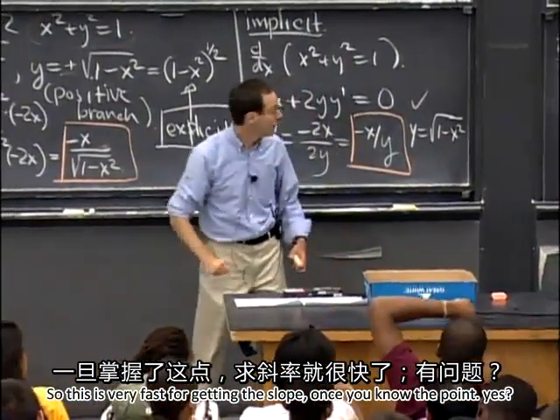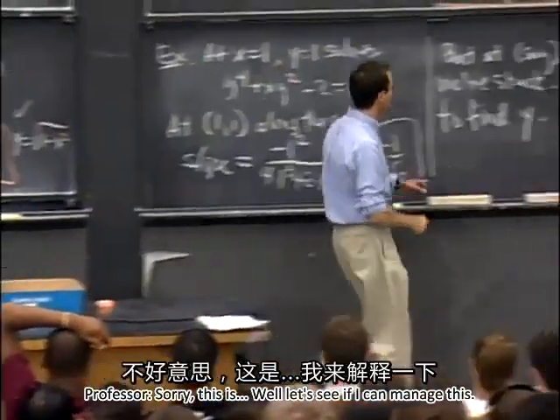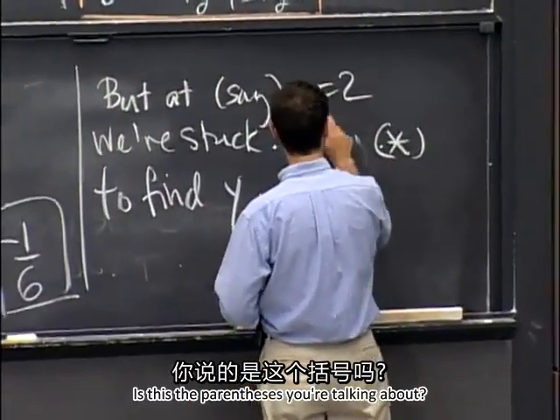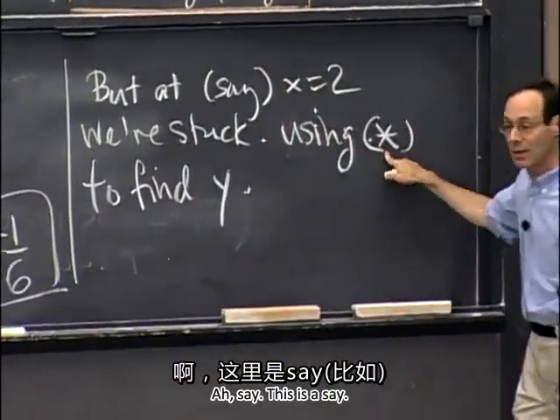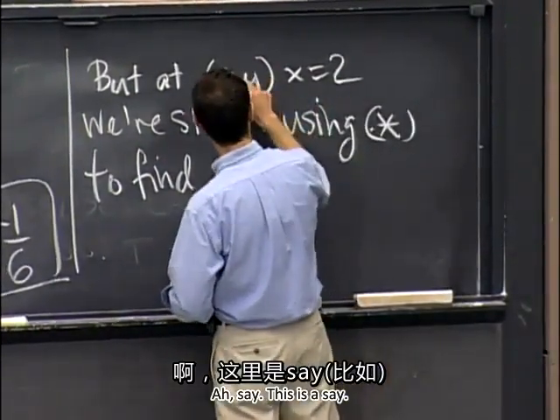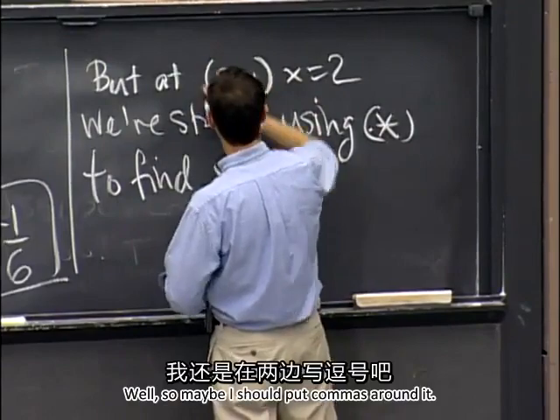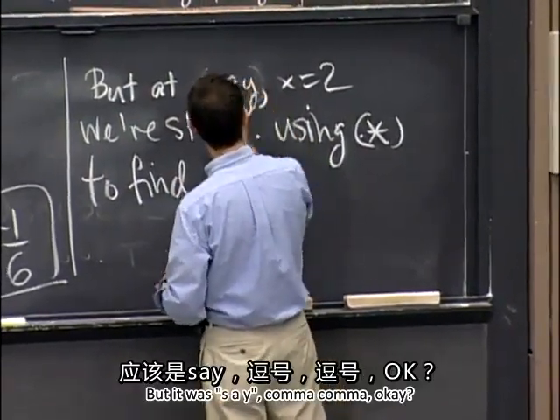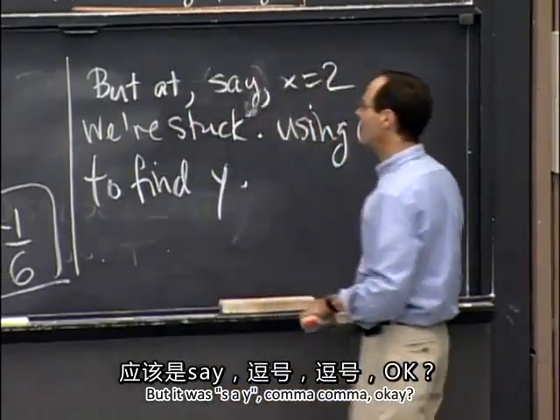Yes? What's in the parentheses? Sorry, let's see if I can manage. Is this the parentheses you're talking about? Oh, this says say. Well, maybe I should put commas around it, but it was S-A-Y, comma, comma. Okay?